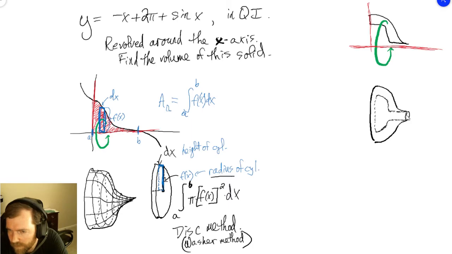Yeah, so we'd have something that looks like this. A little lip around the edge like that. Actually this one tapers off to nothing because these two functions actually do connect right at the end.